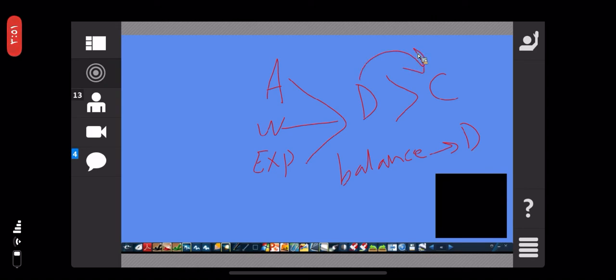So assets, withdraw, expense: usually the debit side will be greater than the credit side, so the balance will be debit. The difference between the debit and the credit is the amount for the balance. Clear?